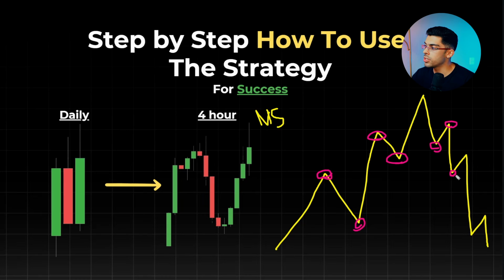That is market structure. And what this tells us is, one, what direction are we going to be trading? Are we going to be buying or selling? And two, it shows us the best places to enter in a trade or to exit out of a trade. Because let's say I'm going to go ahead and sell right here.